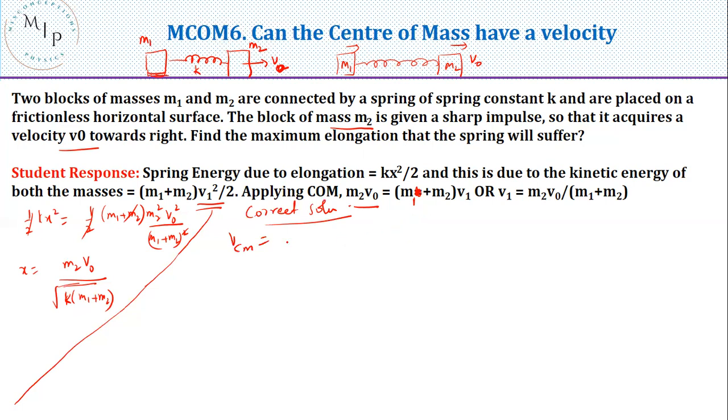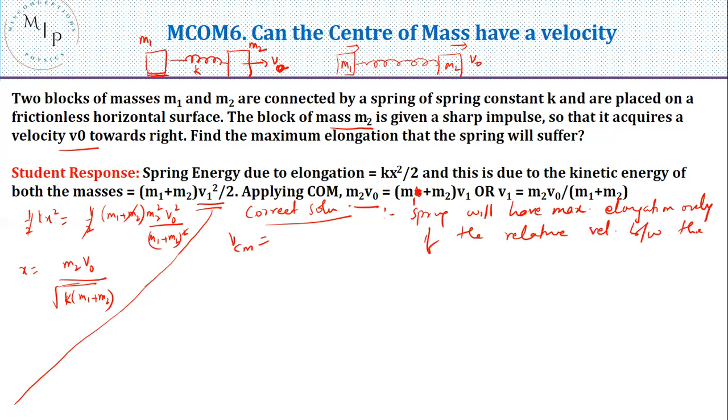To begin with, the spring will have maximum elongation only if the relative velocity between the masses is equal to 0.